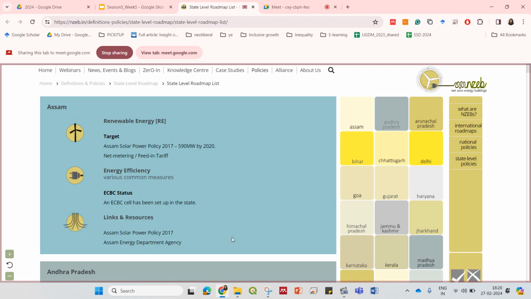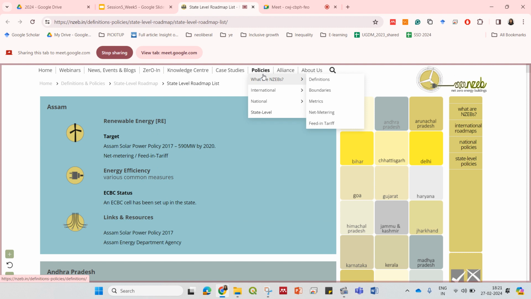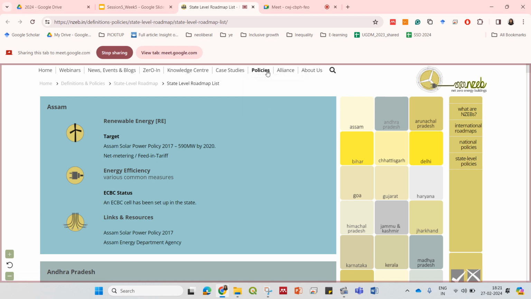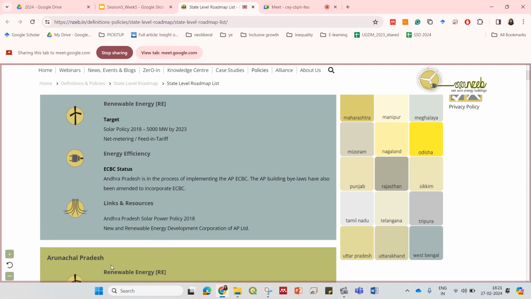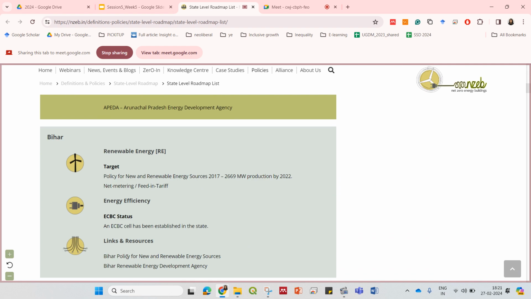And you also have policies. So it defines what NZDBs are for different countries, what is there at national levels, what policies and regulation are there for different countries, and at the state level also what roadmap is being followed. So this is the one for the state level. You can see for different states what roadmap they are following, that has been referred here.